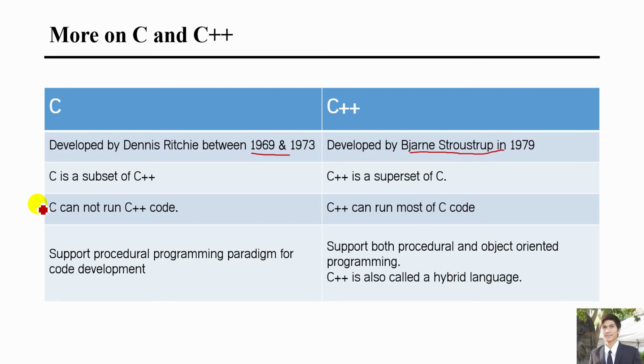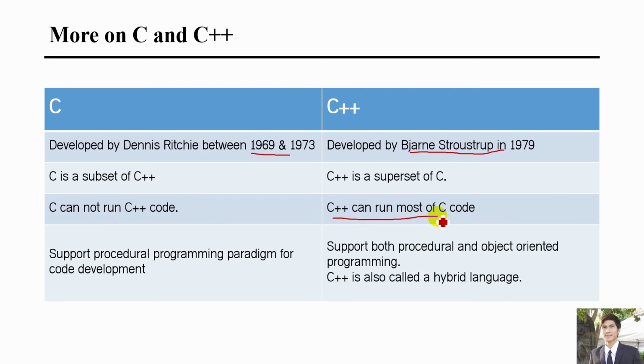Yes. But for a C file, if you have a code file with the extension .c, you cannot write any command that belongs to C++. Okay, this is the meaning. So normally C cannot run C++ code, but C++ can run most of the C code because it is the superset, right?